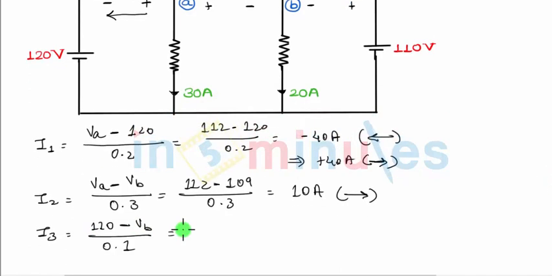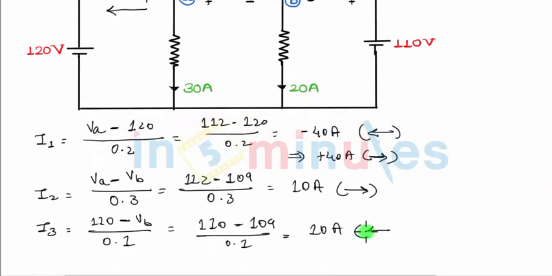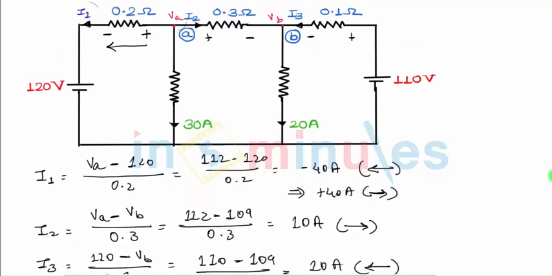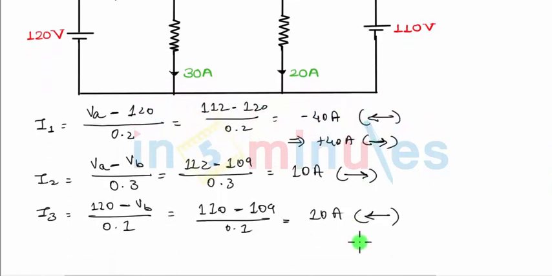So this is equal to 110 minus VB, which is 109, divided by 0.1, and this will come out to be 10 amperes again. I'll just mention the direction, which is towards left. Mentioning this direction is optional. You may not mention it because we have already shown the directions in the circuit, and we have written the values as per the directions. This is just for our understanding.